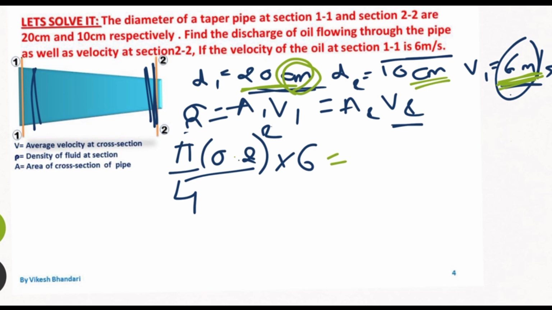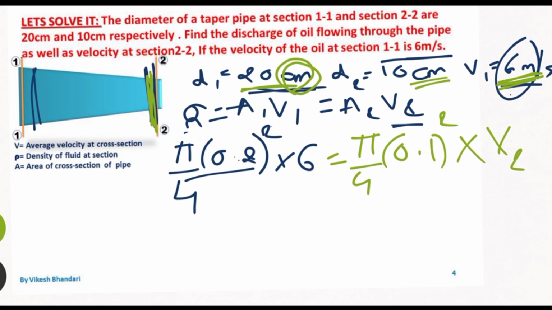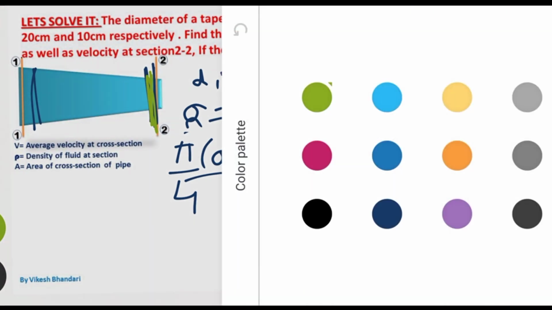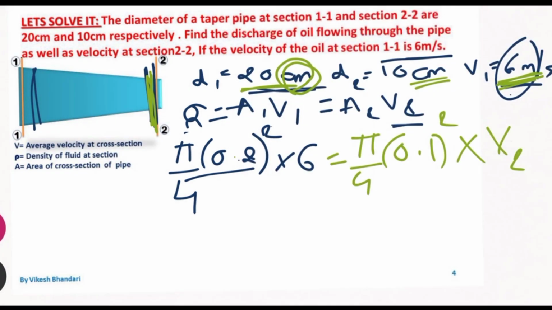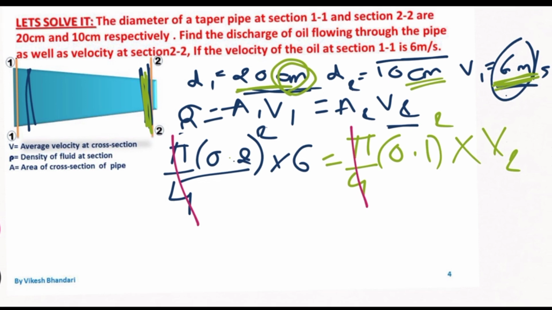Then what is A2? Area of the circle at section 2 is pi by 4 times D squared. What is D? Diameter of section 2, it is 0.1 whole square. And V2 we need to find out. After simplification, pi by 4 gets cancelled. Then what remains?